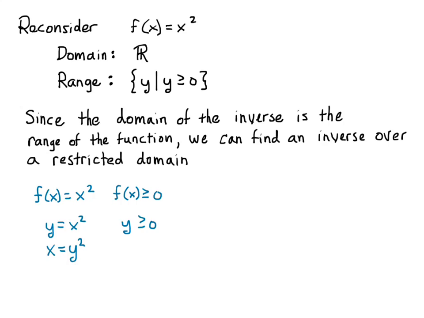And so when I swap x and y, what I get is the square root of x equals the square root of y squared. Now, normally that would lead you to the square root of x is the absolute value of y, right? But since from the beginning I've said my y is always greater than or equal to 0, I really just have one equation that comes out of this, that the square root of x equals y.